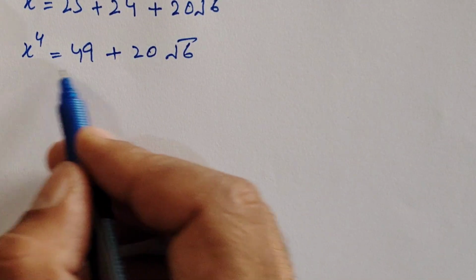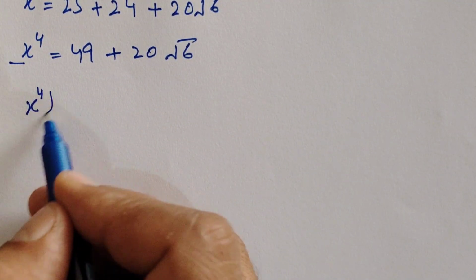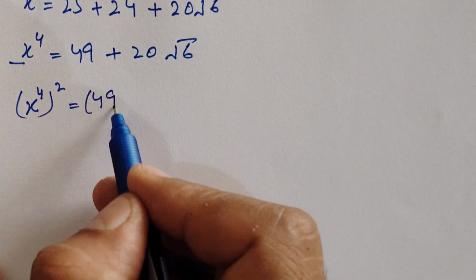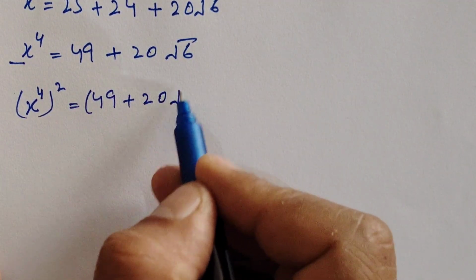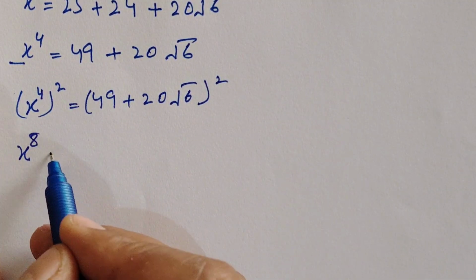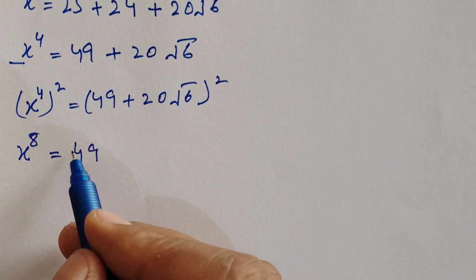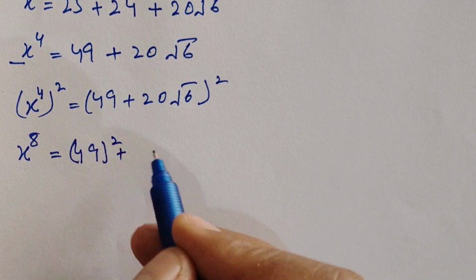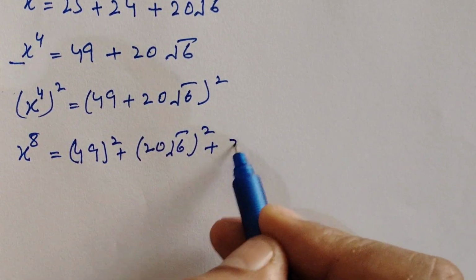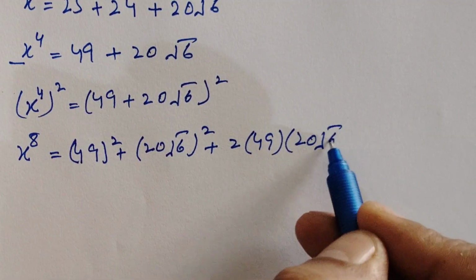Now we are going to take square of this equation again. X4 square is equal to 49 plus 20 square root of 6 whole square. After expanding this equation, x power 8 is equal to 49 square plus 20 into square root of 6 square plus 2 into 49 into 20 into square root of 6.